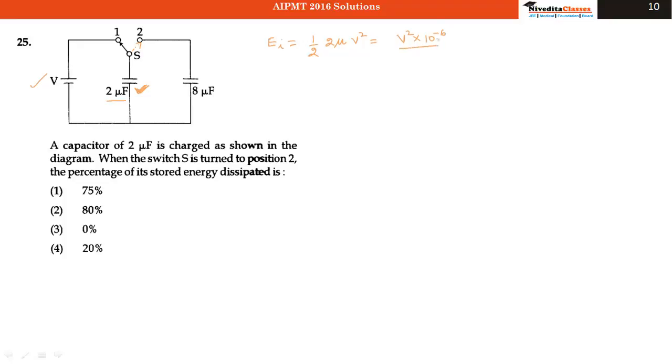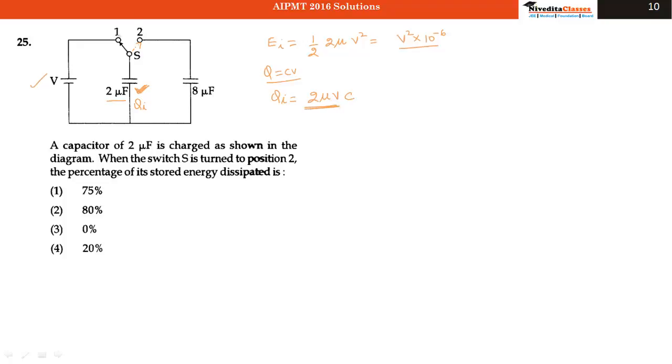Clear? Now, if I talk about the charge, the charge is given by Q equal to CV. So the initial charge accumulated here will be equal to 2 micro V coulombs. So this is our value of charge.